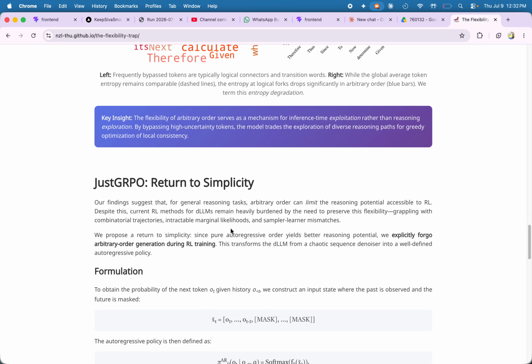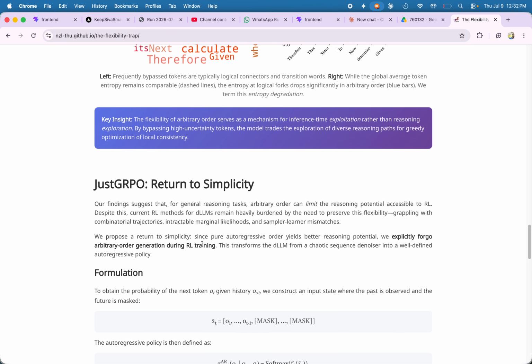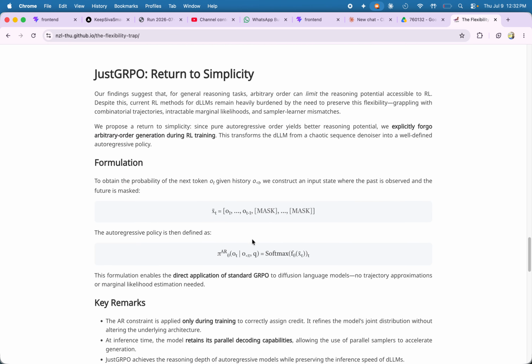They propose just returning to simplicity instead of going for complex ones. Pure autoregressive order yields better reasoning. That's what they're saying. And this is how the formulation works, right? To update the probability of the next word, everything is masked first. This is the absorbing state as per DLLMs.